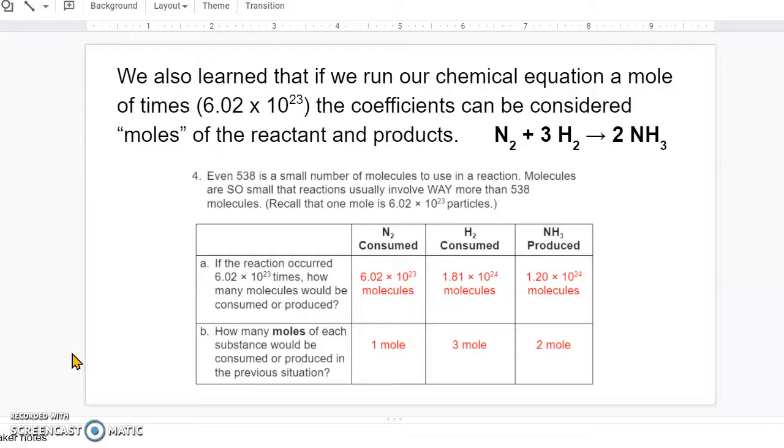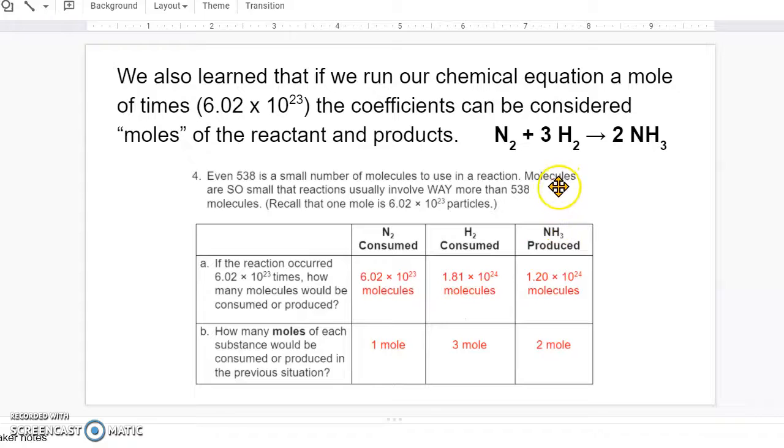And so you multiplied, if you have an N2 right here, the coefficient in front is 1, we just don't put it. And so if we had 1 N2, and we wanted to run it 6.02 times 10 to the 23 times, that would just be 6.02 times 10 to the 23.